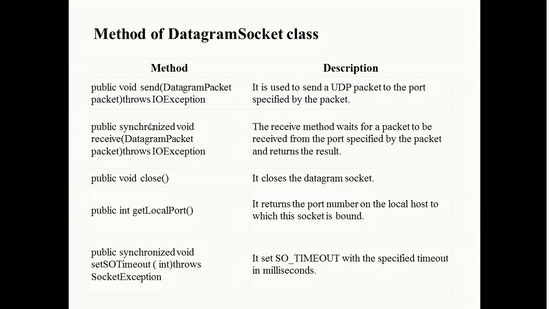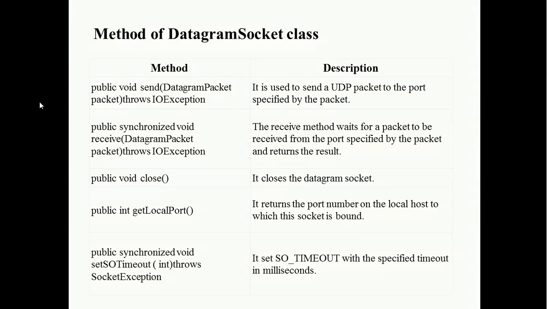Now next, see the methods of the DatagramSocket class. First method is send. Public void send, having parameter DatagramPacket. This method is used to send the UDP packet to the port number specified by the packet. Second is the receive method.